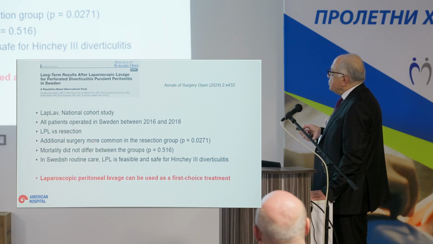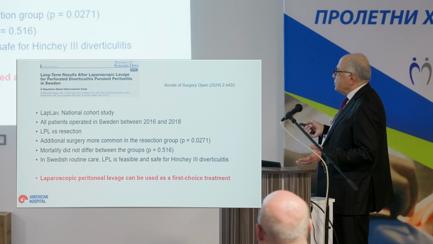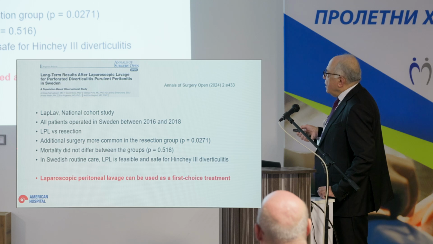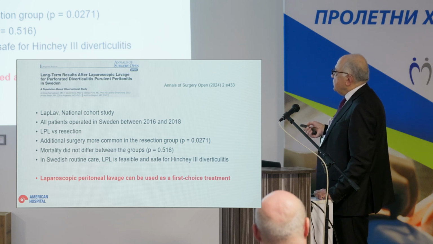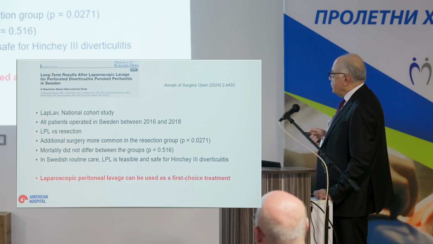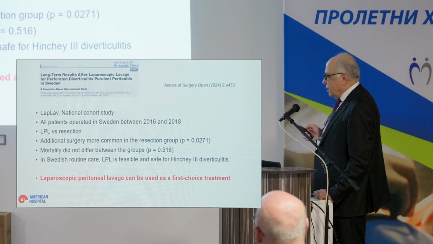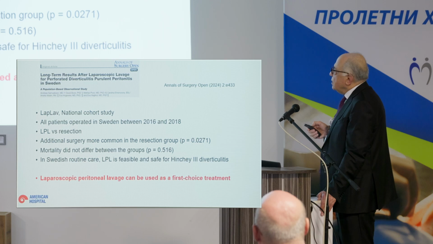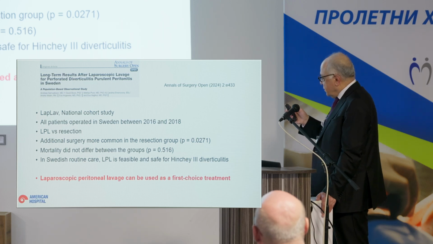Additional surgery is more common in the resection group because if you do a Hartmann procedure, yes, there is a need for Hartmann reversal surgery, but mortality did not differ between the groups. In Swedish routine care, in our era, laparoscopic peritoneal lavage is feasible and safe for Hinchey 3 diverticulitis. And the Scandinavian countries, especially Sweden, continue to do peritoneal lavage for complicated diverticulitis.